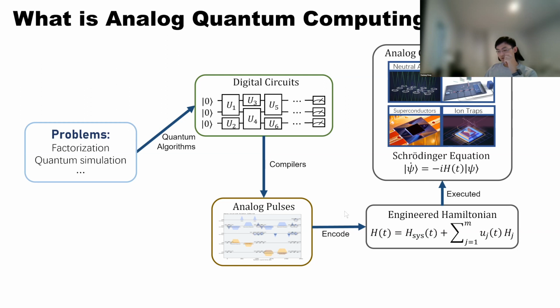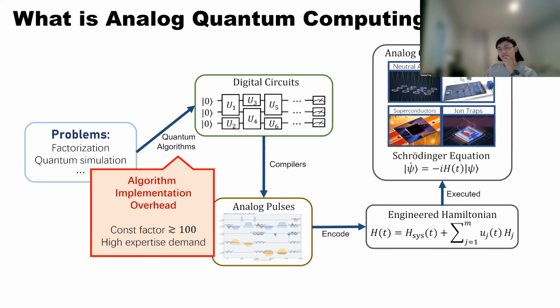So it looks like a great thing if we can simply use this workflow to execute quantum algorithms that can solve problems specific to quantum computers. So what's the difficulty here? Why do we still not see any real quantum applications in the near future for quantum computers? The first very large barrier is that there is a very large overhead for algorithm implementation when you transform the algorithm to solve the problems into digital circuits.